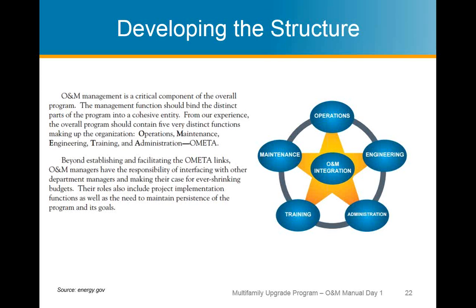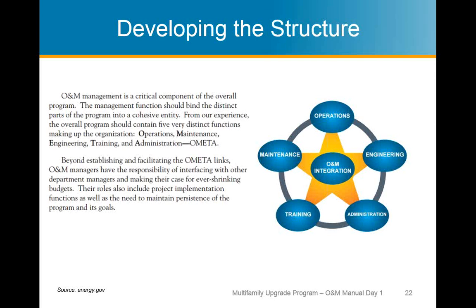So O&M management is a critical component to the overall program, healthy building life cycle. The management function should bind the distinct parts of the program into a cohesive entity. From our experience, the overall program should contain 5 very distinct functions making up the organization: operations, maintenance, engineering, training, and administration.